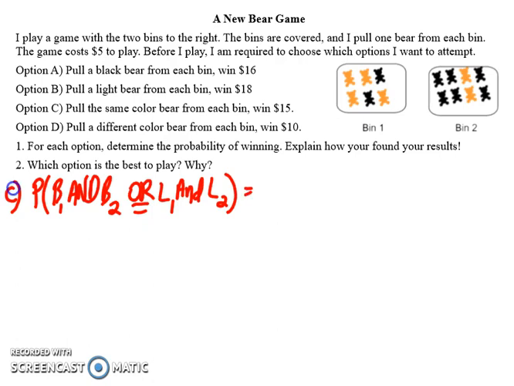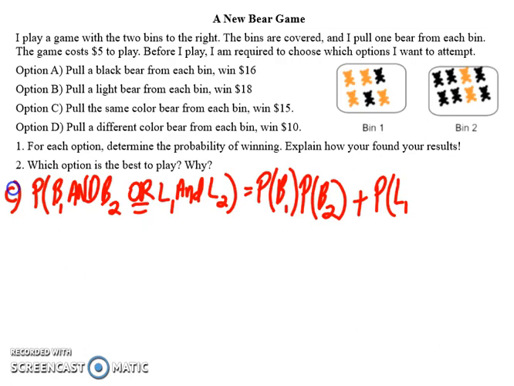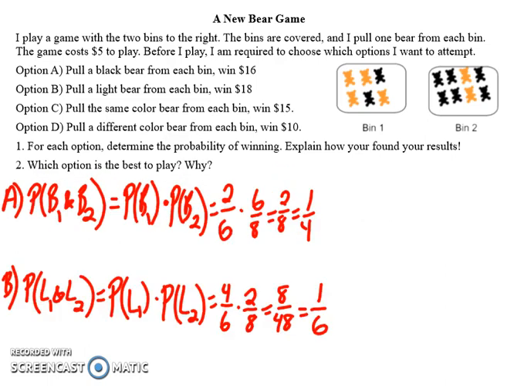So that means really that I have the probability of B1, the black on the first one, times the probability of black on the second one, plus probability of a light on the first one times the probability of a light on the second one. And those are both the values I just found. I found that when I multiply these, that if I go back a screen, that gave me 1/4.